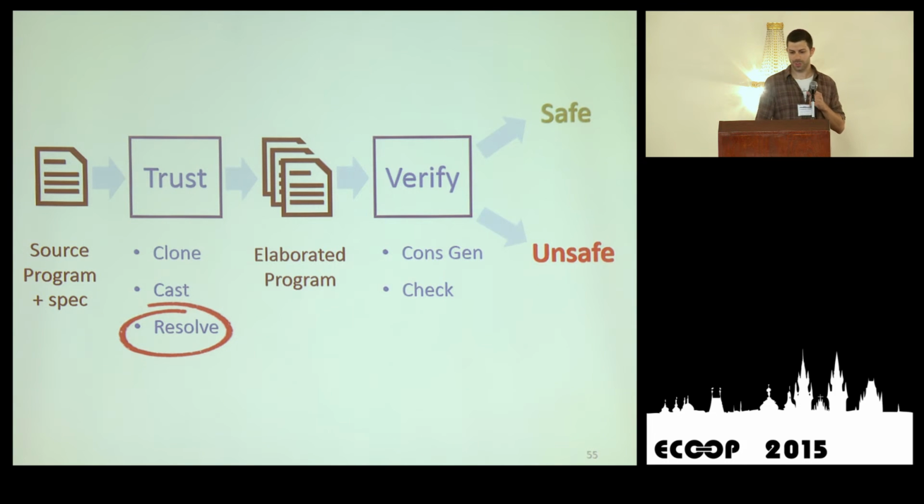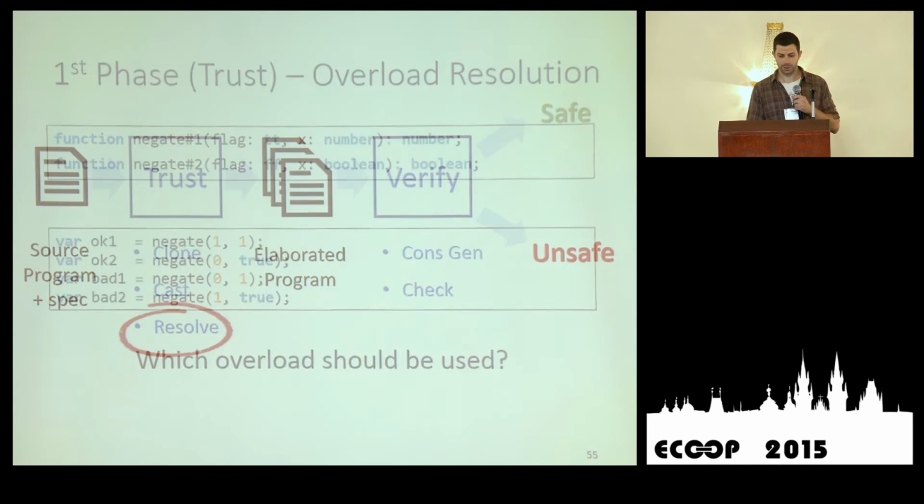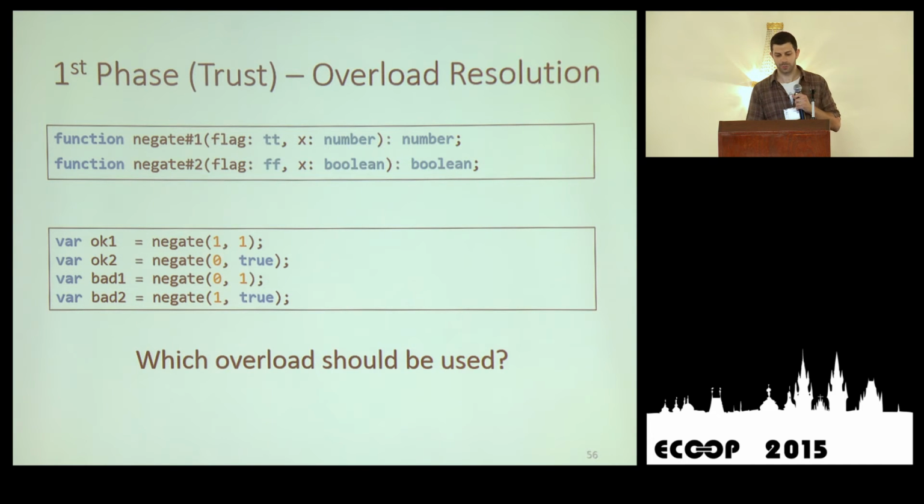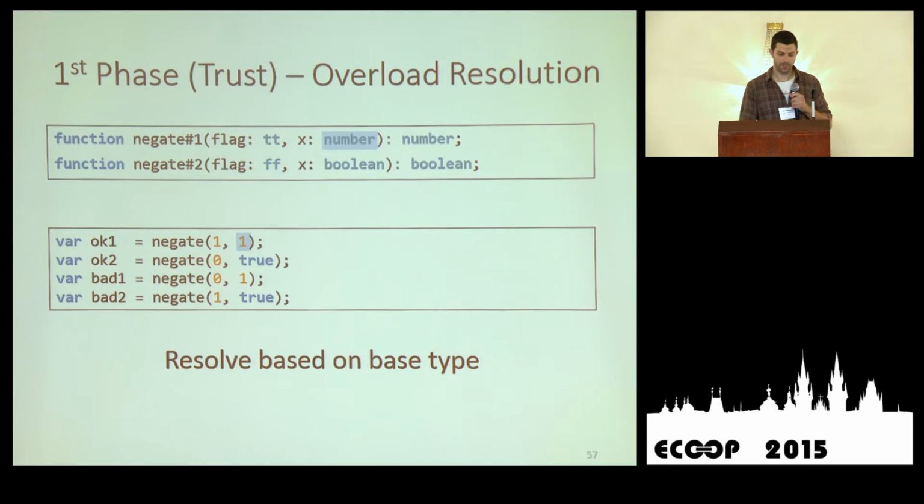And then move on to the last part of the trust phase, which is the overload resolution. In particular, how do we figure out which overload to use for each one of the call sites? So for the first case, the main idea here is that we proceed in resolving based on just the base types. So here, the second argument is the one that differs, so that's going to be the one that's going to determine the resolution.